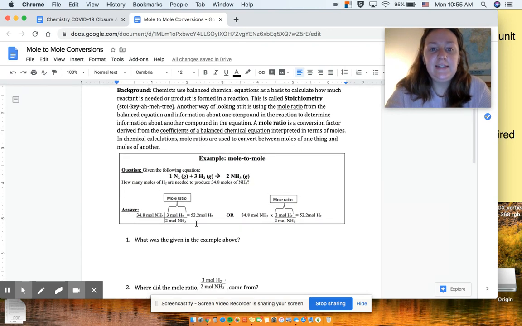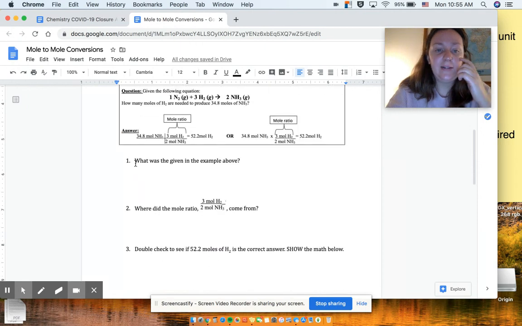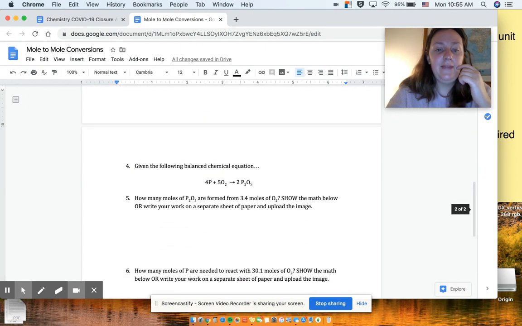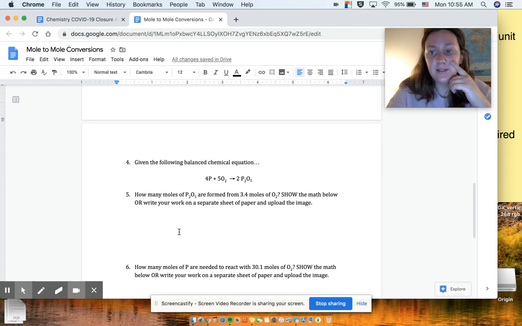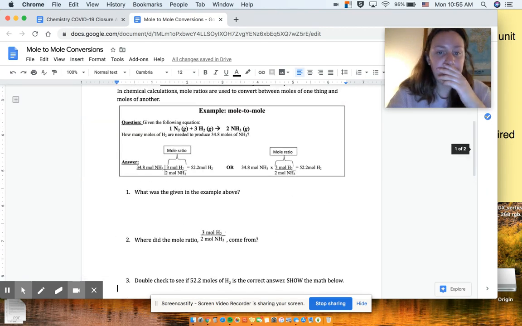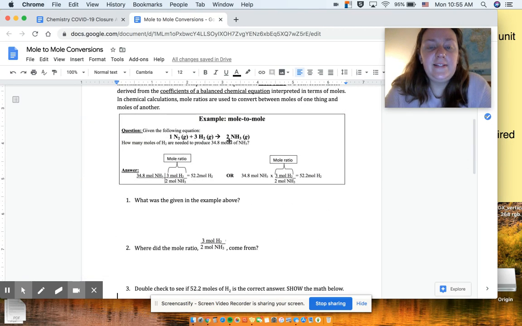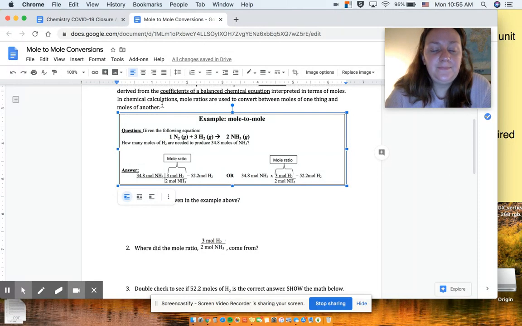So here's an example that they give you, and they actually are showing you how to solve this. We're going to answer a couple of questions about it, and then I want to do one example from a different chemical equation. In this example, we're doing a mole-to-mole conversion.